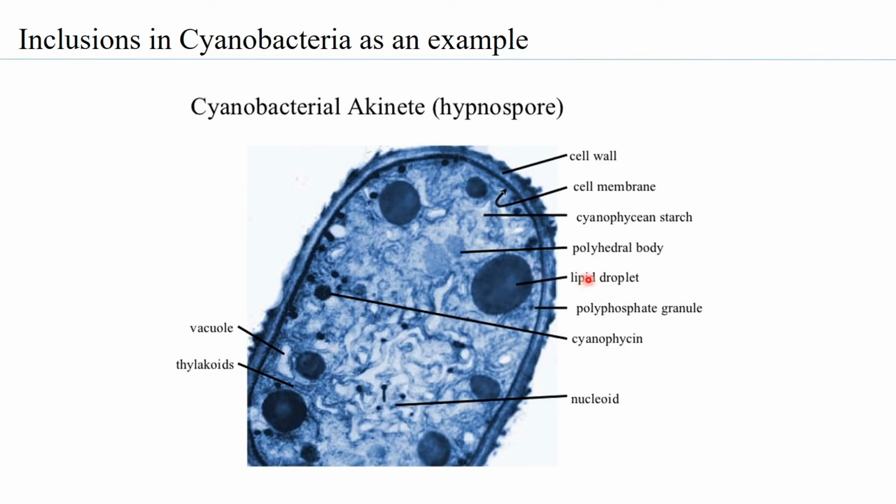So you will have lipid droplets, you will have the carboxysomes, you will have the polyphosphate granules, you will have the cyanophycin granules, and therefore all of these will help the cyanobacterial akinete to be surviving in a condition where it cannot multiply. So this, as a hypnospore, will remain for a long period of time, and it is able to survive for a long period of time because of the reserves that are present inside it.